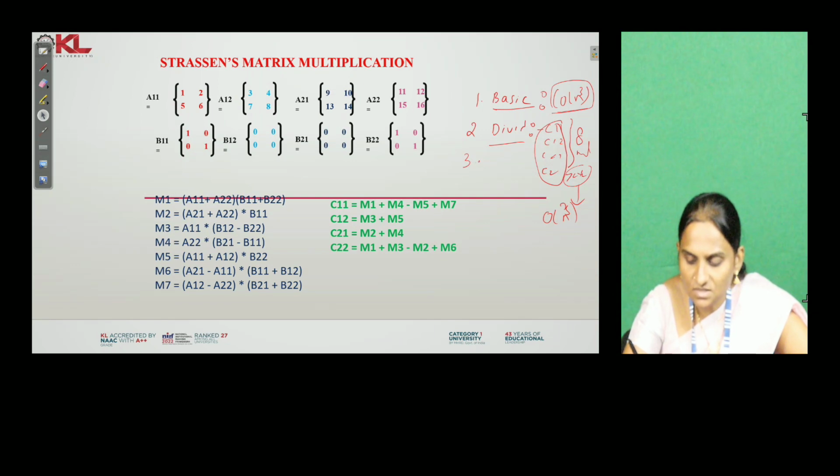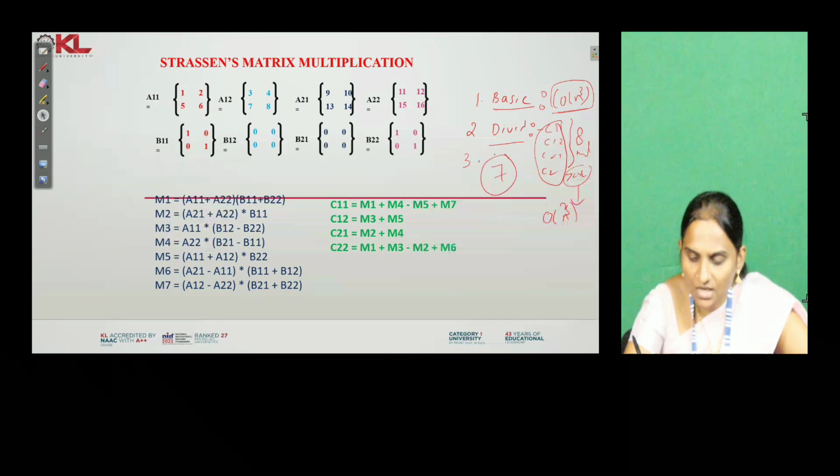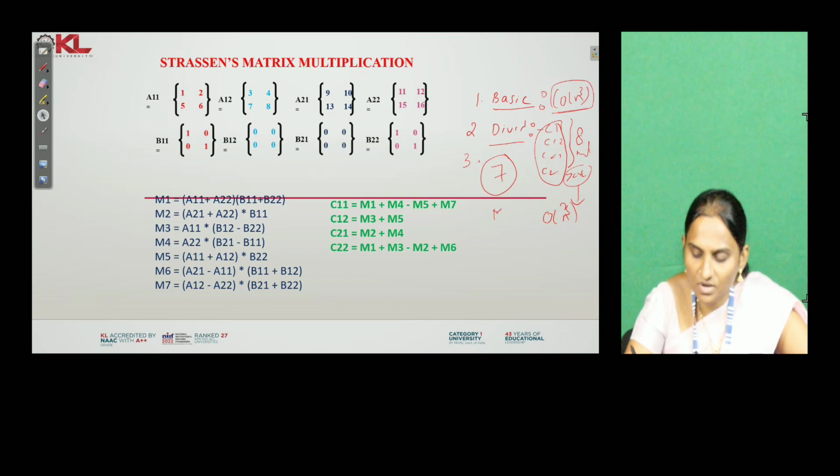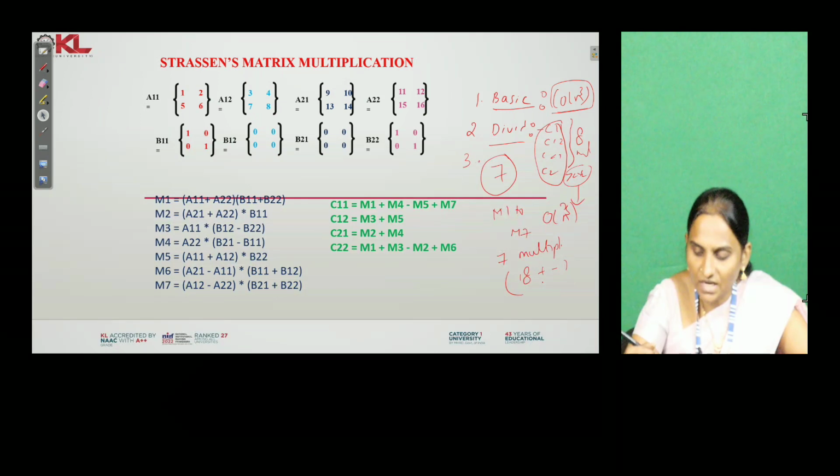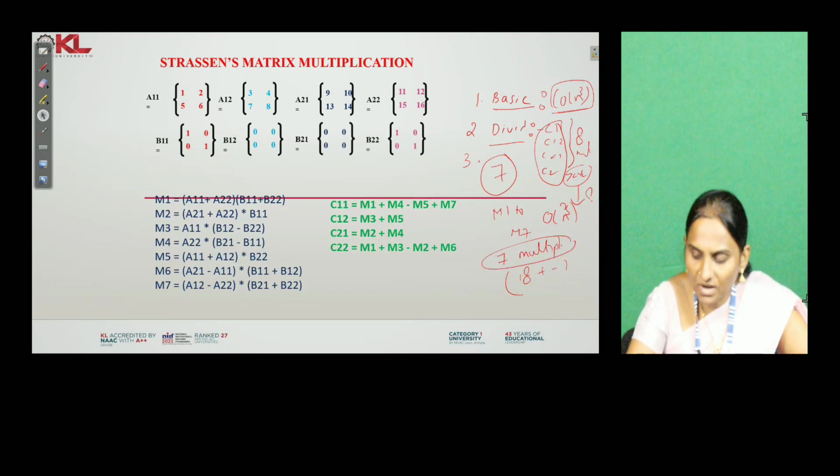The third one is Strassen's matrix multiplication. In Strassen's matrix multiplication, he has found 7 formulas, M1 to M7. In these formulas, he is using only 7 multiplication operators and 18 additions and subtractions operators. So he has reduced the multiplication operators. Before that, there were 8 multiplication operators.